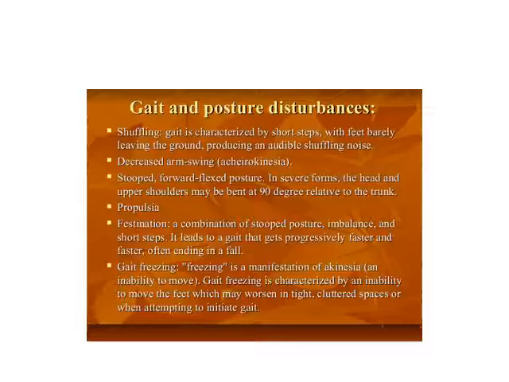Stooped forward flexed posture. The patient is always flexed anteriorly, and in severe forms the head and upper shoulders may be bent at 90 degrees relative to the trunk. Propulsion is a tendency to move forward, and the patient cannot stop himself.